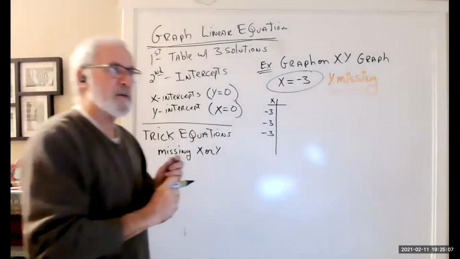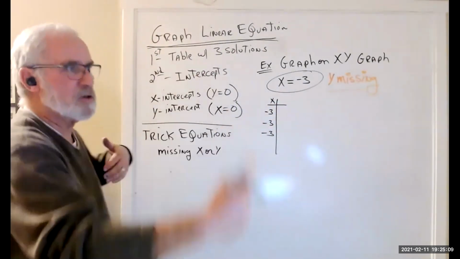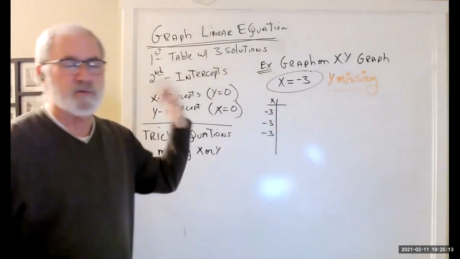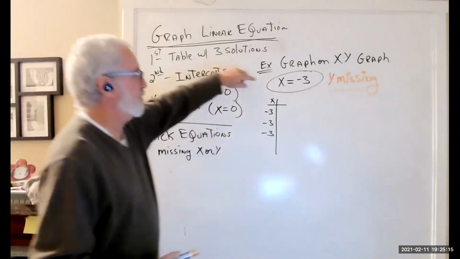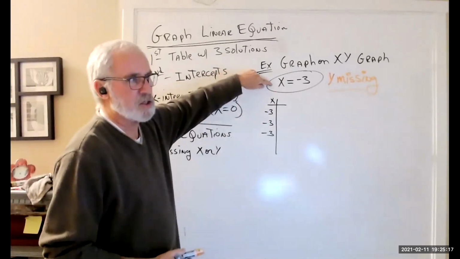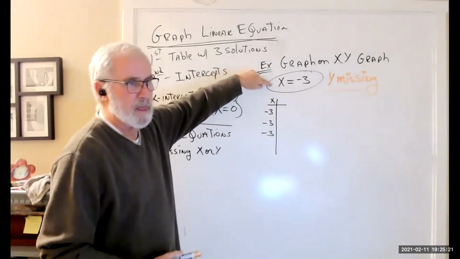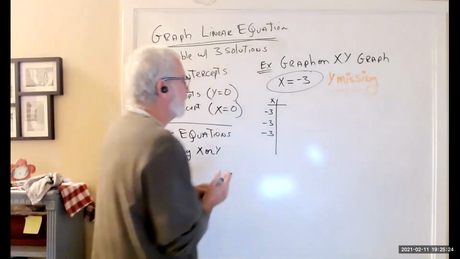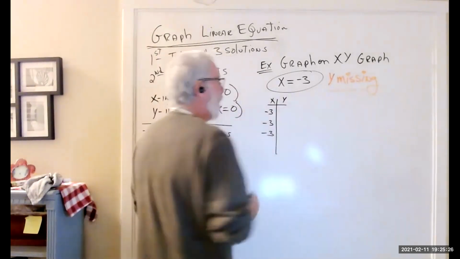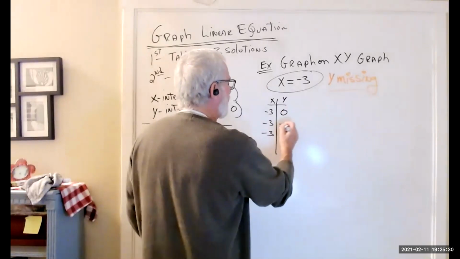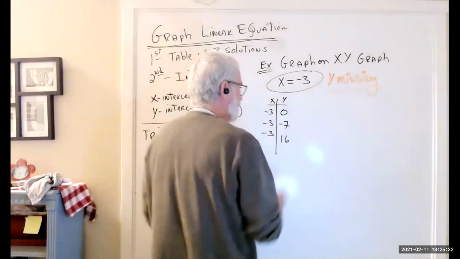Remember how on our table, X could be 1, X could be 2, X could be 0, and we had to plug it in and figure out all kinds of crud. This is saying, no, X is locked in at -3 and you can't change it. But it's saying more than that. It's saying Y is so unimportant, it can be anything you want it to be.